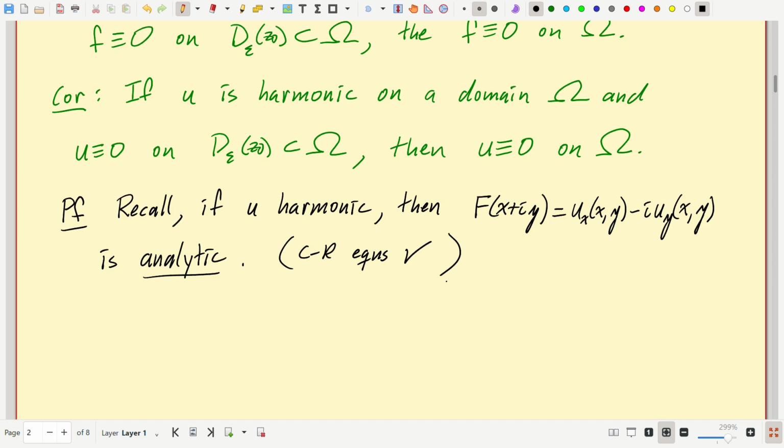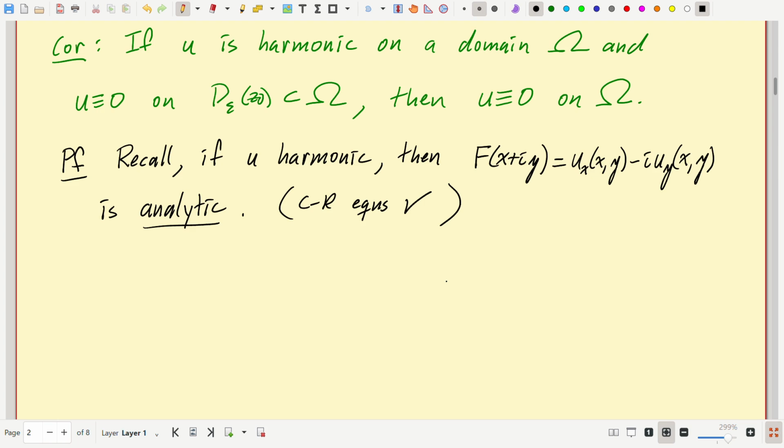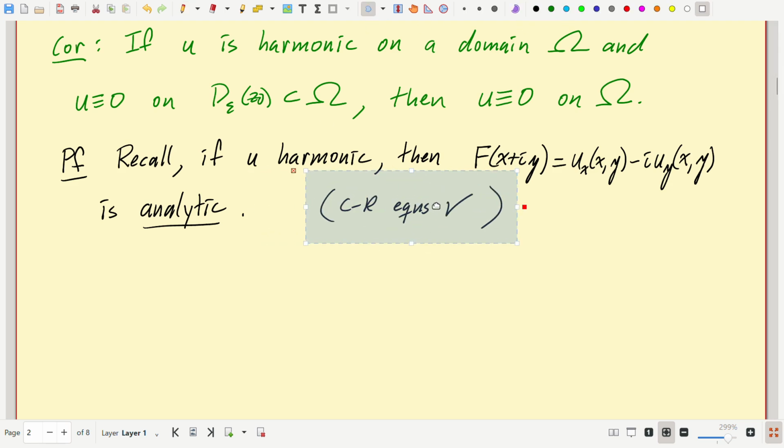Well, if U is identically 0 on a little disk, then that analytic function, this thing is analytic on omega. Okay.